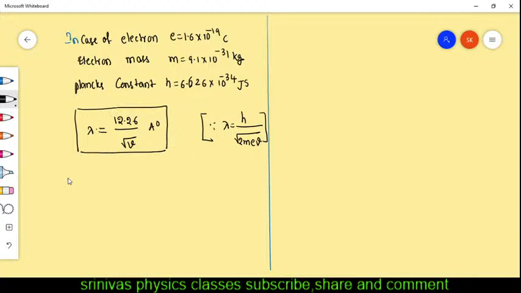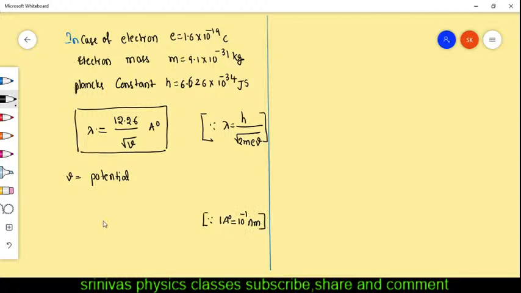This v is called the potential. The electron is accelerated through the potential v. When you apply the potential difference, the electron will move. And this we can also convert from angstroms to nanometers. 1 angstrom equals how many nanometers? 10 to the power of minus 1 nanometers.